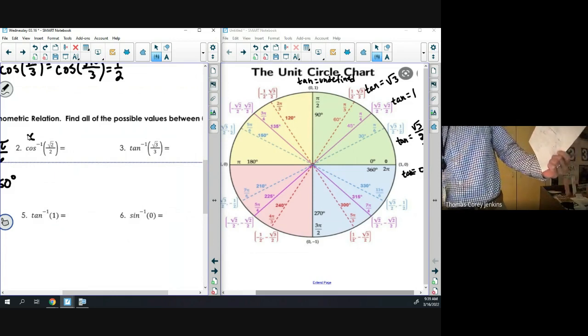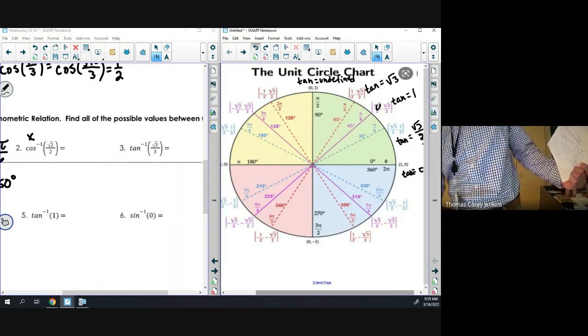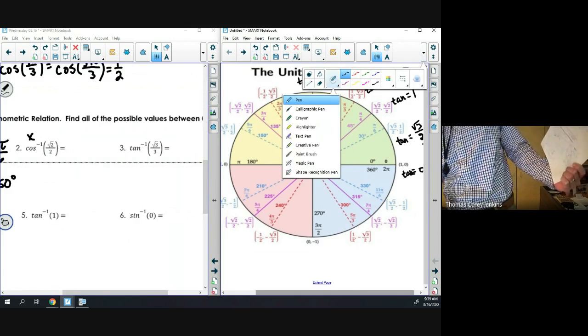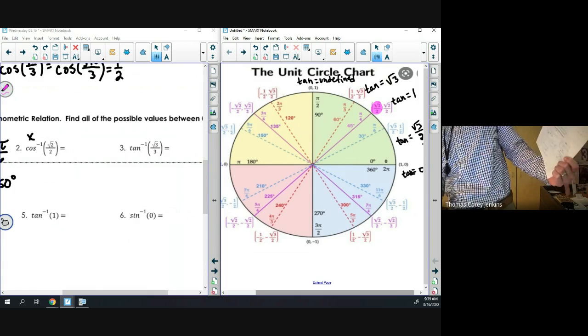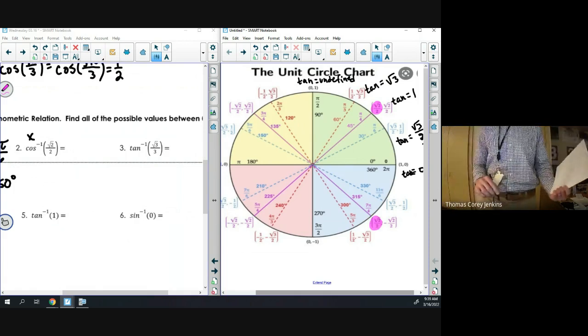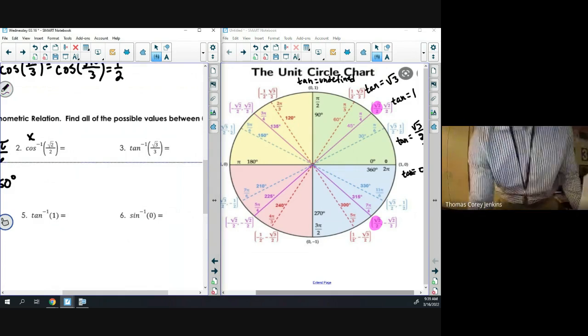So that would be here, and down below it here. Okay, so you could say 45 and 315, or you could say pi over 4 and 7 pi over 4.